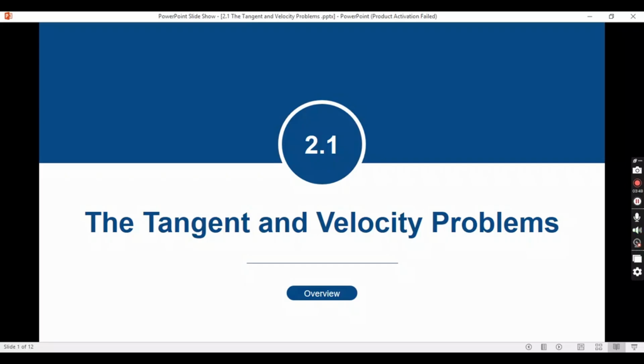And velocity is kind of similar, because velocity means how fast something is going, so it's kind of the same thing. Okay, and that is part of differential calculus. Yes, it's part of differential calculus. You do remember.